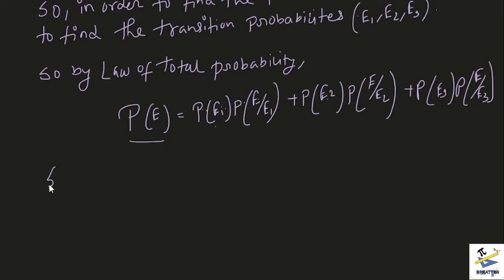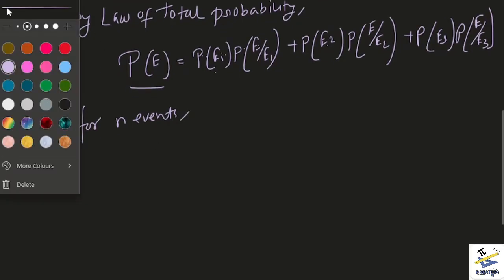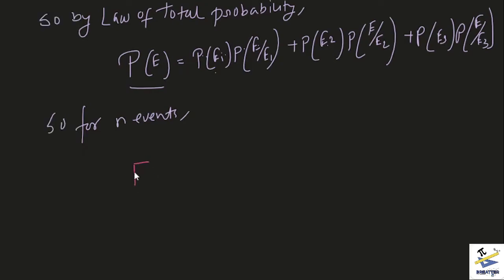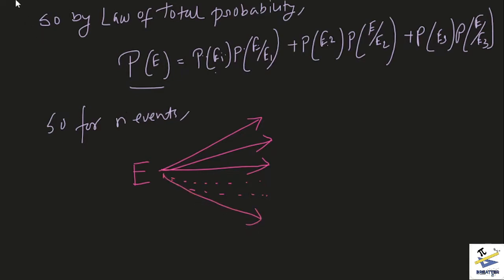So for n events, let me draw the simple tree diagram here. For n events, the diagram should look something like this. So let's say this is our E. So these would be the sub branches, and the names would be E1, E2, E3, dot dot dot, and En, right?